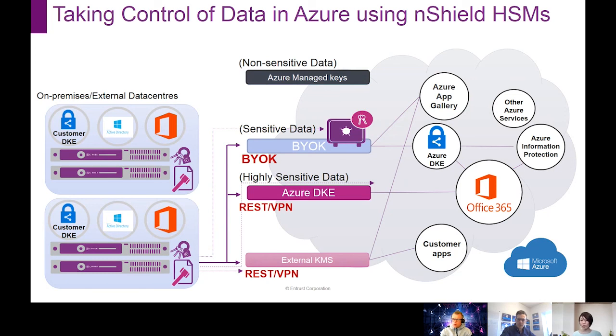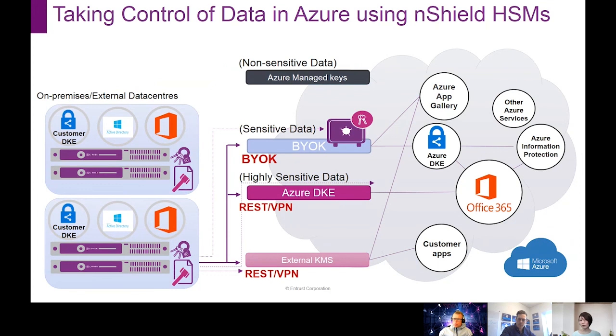In the case of DKE, the customer's own DKE instance and key store can be facilitated outside Azure, which means you can have it on-prem or in a third-party environment and within your own country or region. And that DKE service can interact with the Office 365 client to protect the contents.